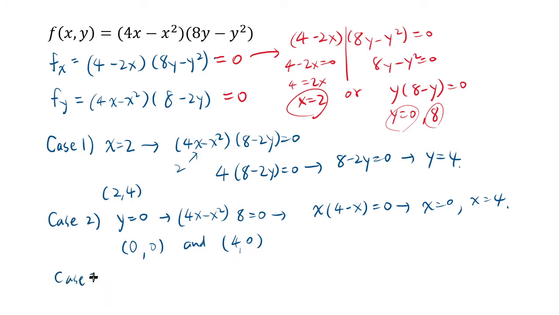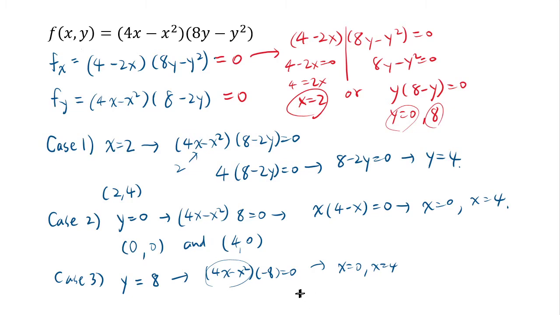In case 3, when y is equal to 8, when you plug in here, 8 minus 16 is going to give you negative 8, so you're going to end up with (4x - x²) times negative 8 equal to 0, but that's still insisting that it's 0. We know that's true when x is 0 and x equals 4.